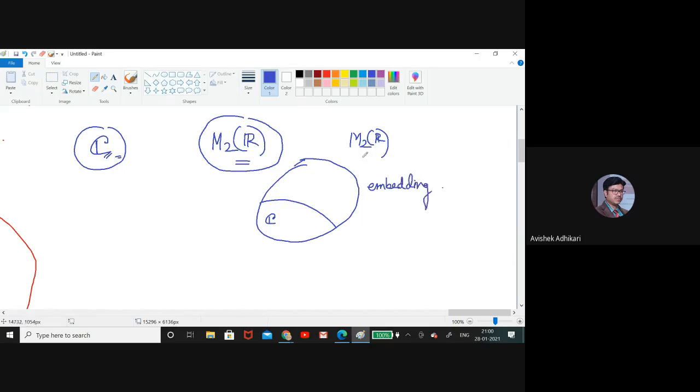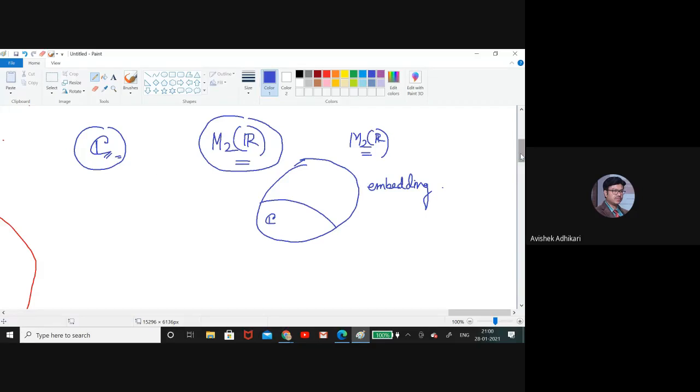So C is embedded within M2R. And here homomorphism, isomorphism, these things play an important role. So homomorphism, endomorphism, or epimorphism, they are playing an important role. So these things are very important in case of our algebraic structures.